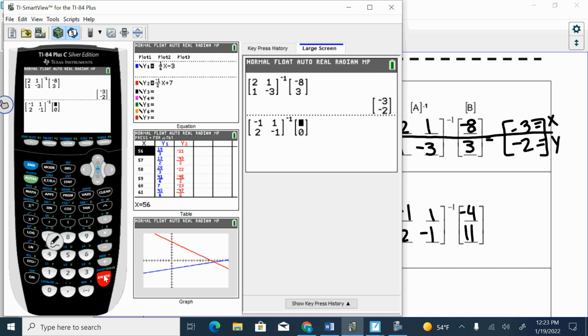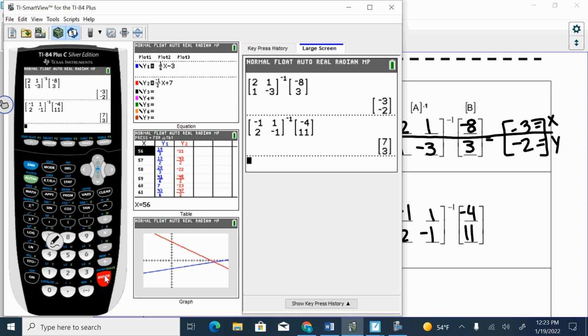All right, and then you're just going to type those numbers in. So we got -4, and then in the bottom, 11. Okay, so now we've got it typed in exactly like we had it written down over here. Move your cursor to the outside of the box and press Enter.